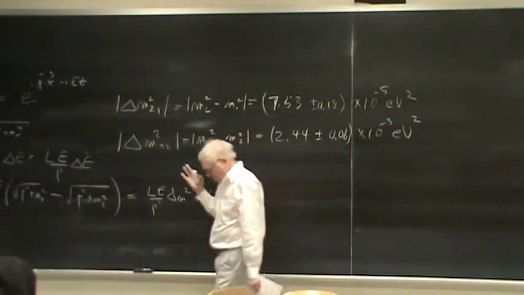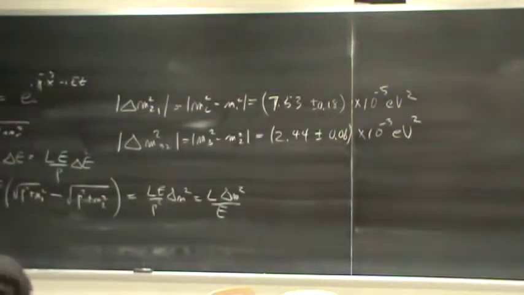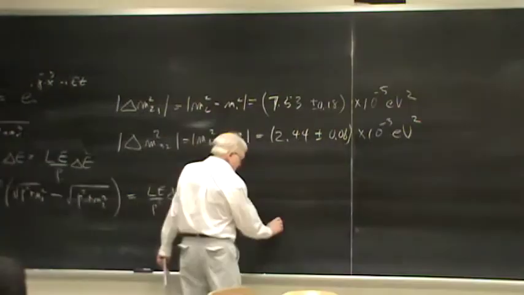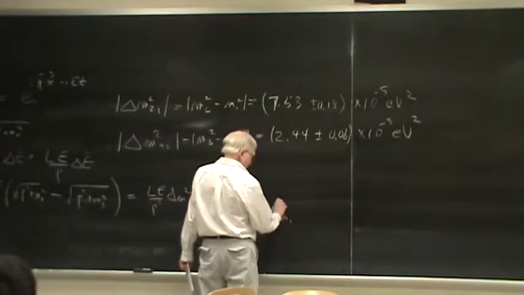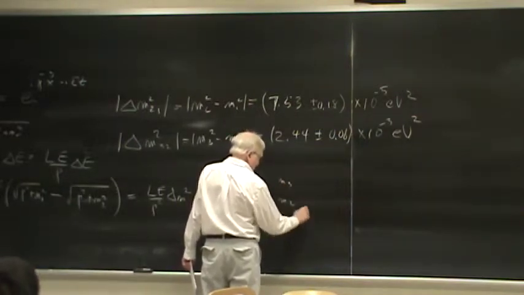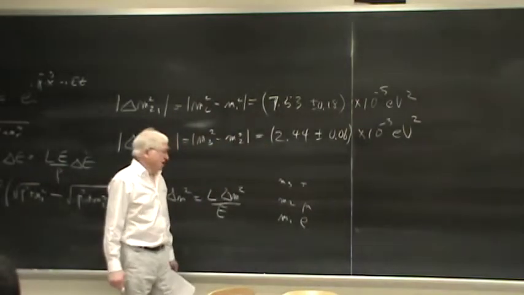You see, when you analyze these experiments, you don't really know what the mass hierarchy is. The natural thing is to say that M1, the lowest one, is mostly type E, this is mostly type mu, this is mostly type tau.